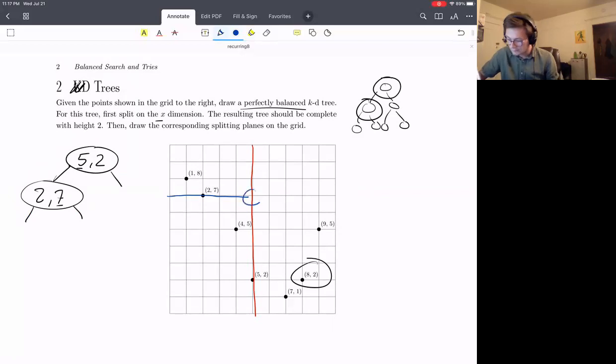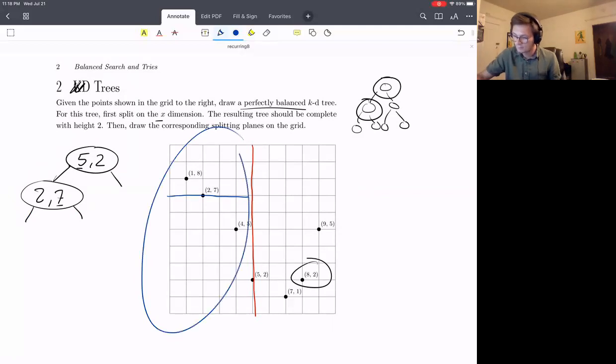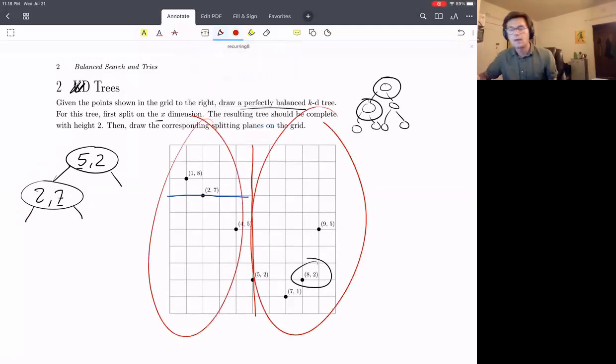And we see right here is the point where if we were to continue going, our x coordinate would get greater than 5. That's why we're not going to go past that line, right? Another way to think of it is when we drew the red line, we split this into 2 sections, this section and this section, and now we can only further subdivide those sections. We can't cross over sections anymore.